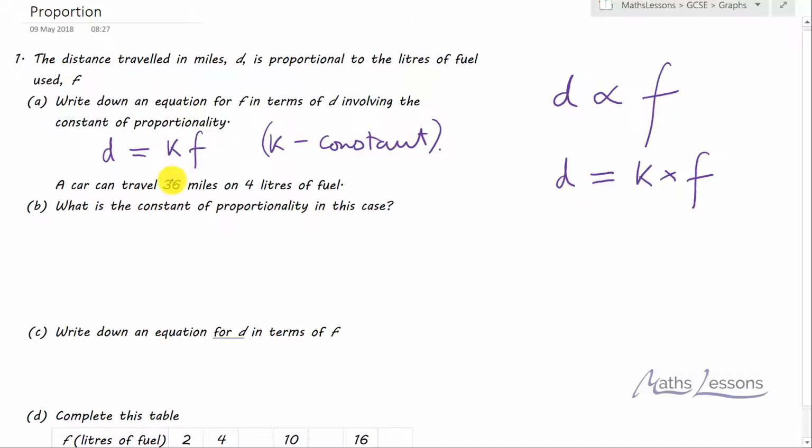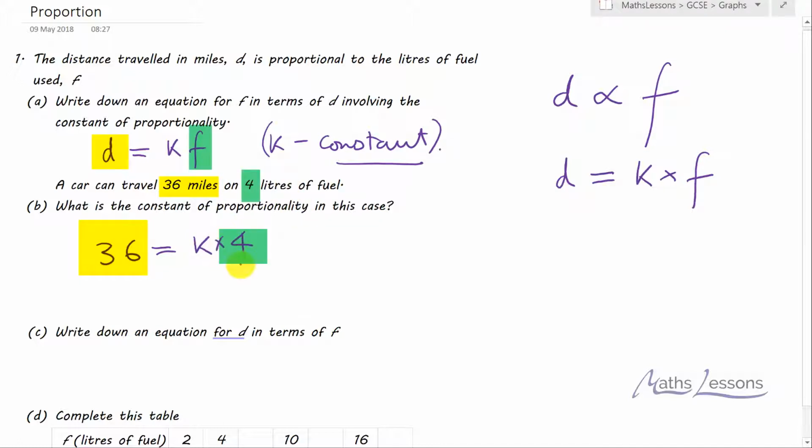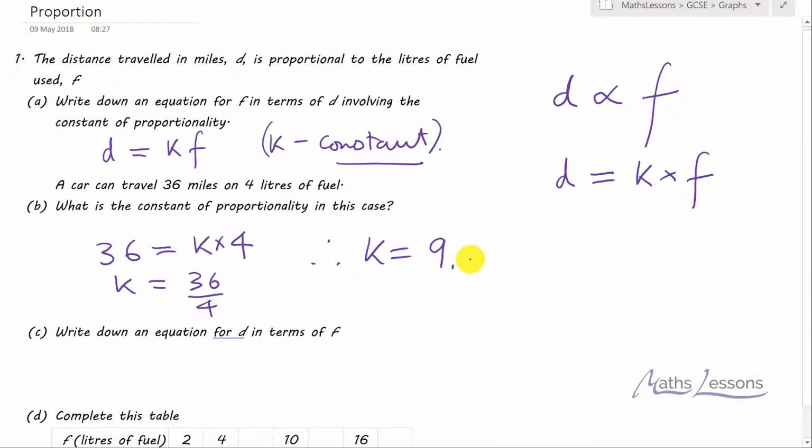So let's put that in and see if we can find the constant of proportionality in this question. We have d equal to 36 and we have f equal to 4. So therefore k will equal 36 divided by 4. So therefore k will equal 9.